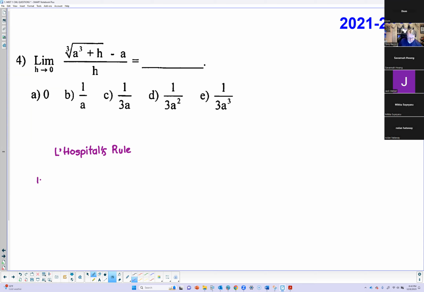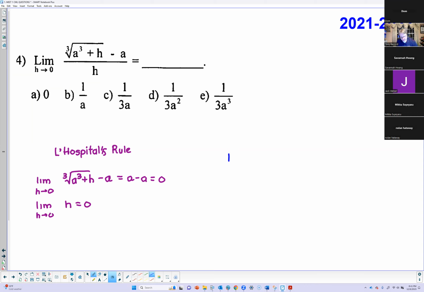So if I took the limit as h approaches 0 of the cube root of a cubed plus h minus a, and if I turn the h into 0, the cube root of a cubed is a, yep, I get a minus a. And the denominator is obvious. So that means you can use L'Hopital's rule.